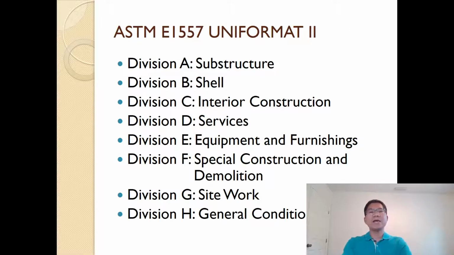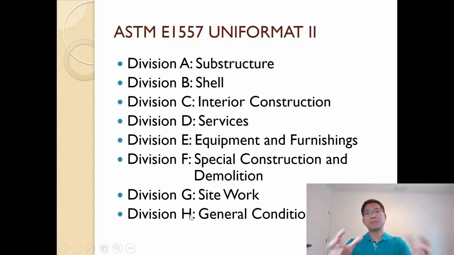So what is the ASTM E1557 Uniformat II? Basically it classifies a facility into divisions, from division A to division H, as you can see here.